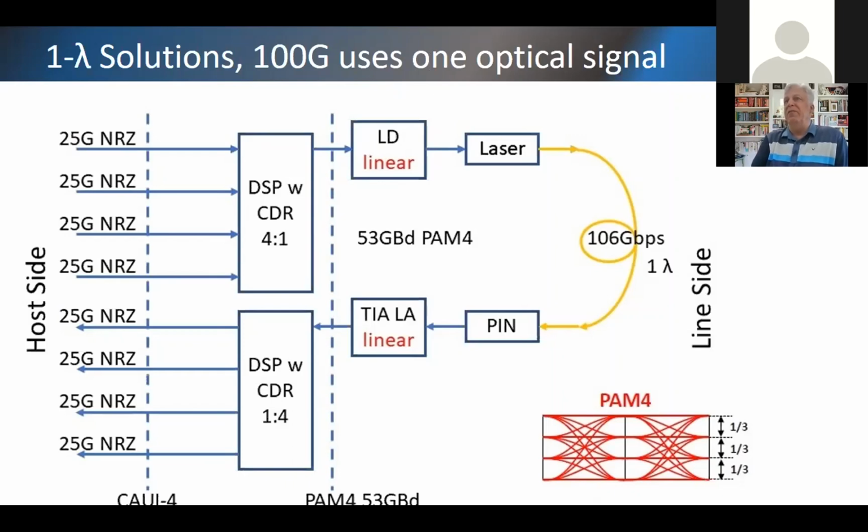And then on the receiver side, it goes into a PIN diode receiver and an amplifier, back into a DSP with CDR, which changes it over to 100 gig NRZ on the electrical side. But we can see on the optical side, it's now all PAM4, not NRZ.